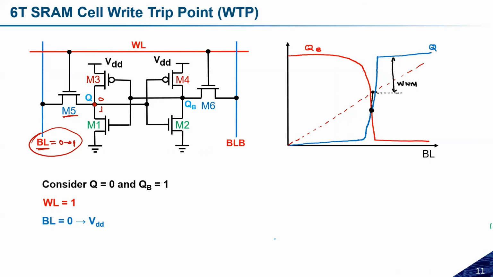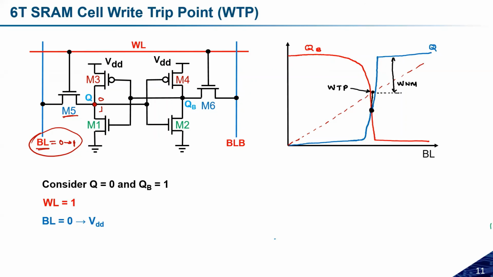Okay, and the point where the logic was tripped, the minimum voltage of the BL at which the logic was tripped, we call it the right trip point.